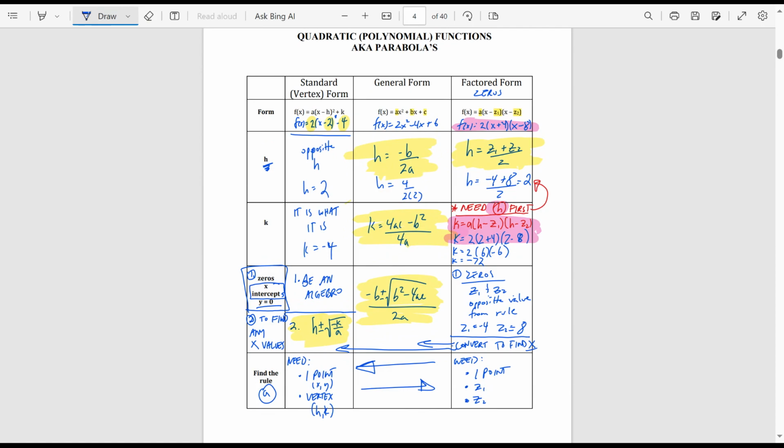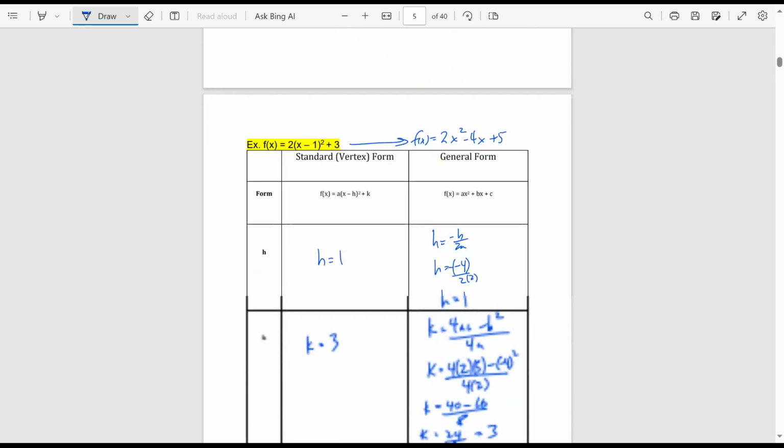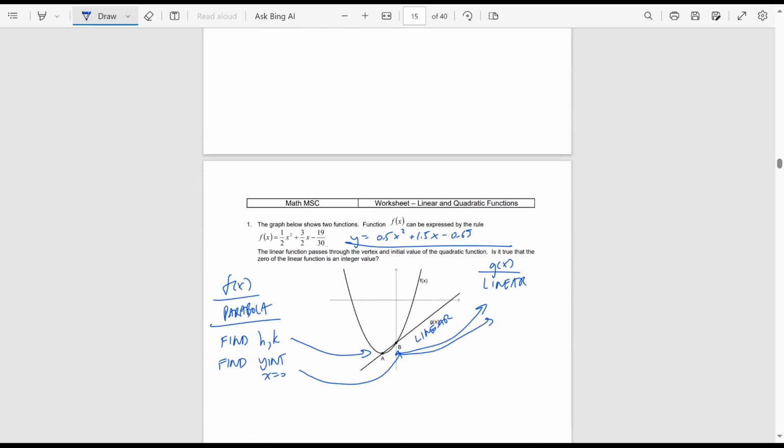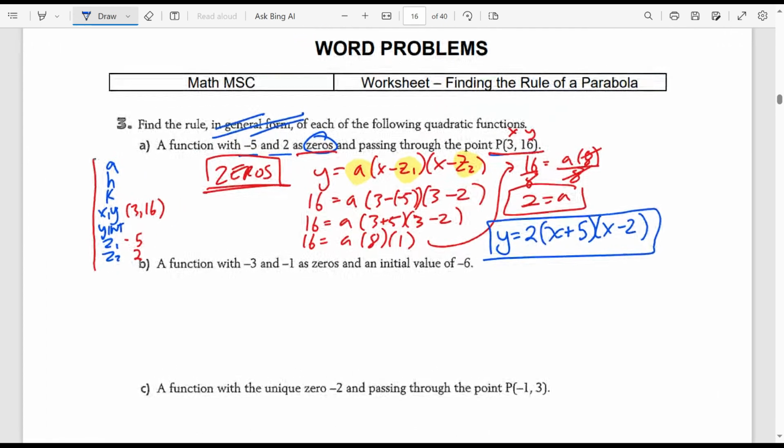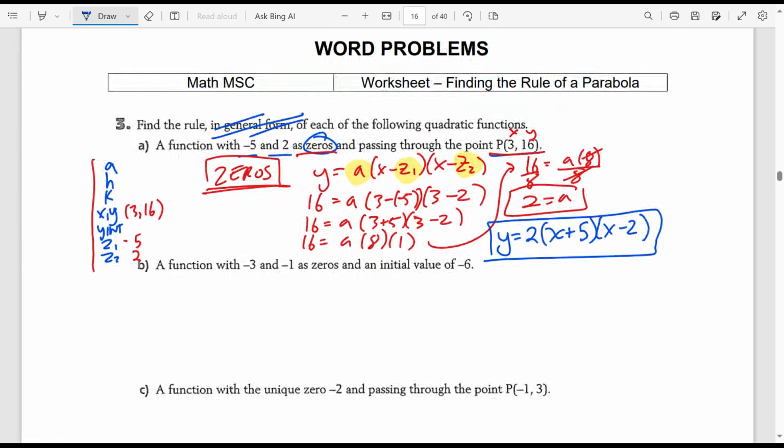And I'd be able to convert it to general or vertex form if I needed to find an X. So once I get the rule, I'm basically ready to dive into larger problems. So the rule is everything written out in the form with the parameters that matter, A, Z1, and Z2. Okay?